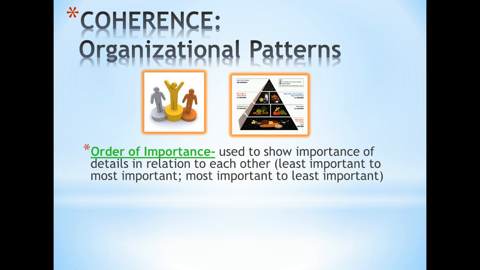A third type is order of importance. It's used to show how important the details are in relation to each other. There are two ways that you can do this. You can do least important to most important, or most important to least important. Different teachers will disagree, and different students will disagree on which method is more effective. That is completely up to you.